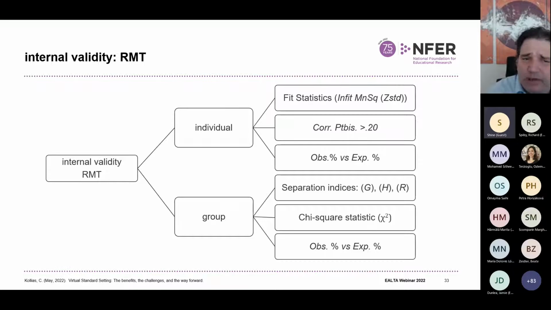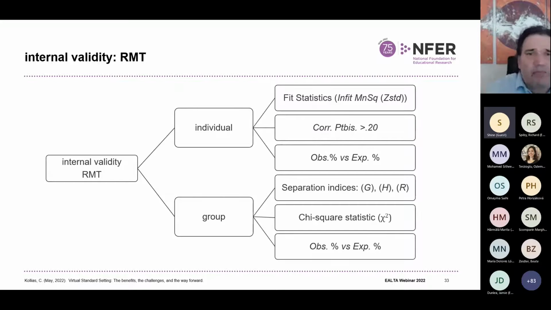On the individual level, we can look at the fit statistics, we can look at correlations, we can look at observed versus expected, and work out what Linacre calls a Rasch kappa index, if I'm not mistaken. At the group level, we have the separation indices, we have a chi-square statistic, and again, we have the Rasch kappa index.